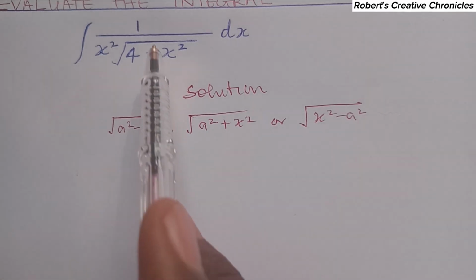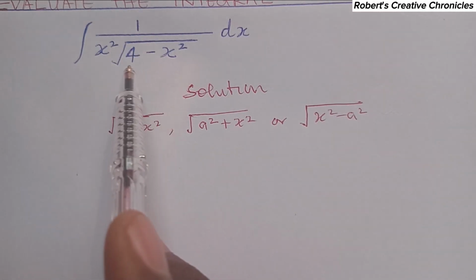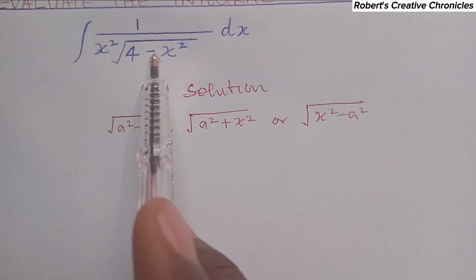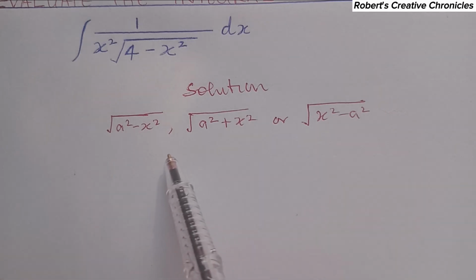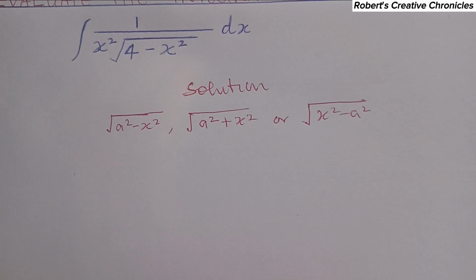So this integral contains root of 4 minus x squared, which if we express further will be root of 2 squared minus x squared. So we have to use the trigonometric substitution technique to find the integral.